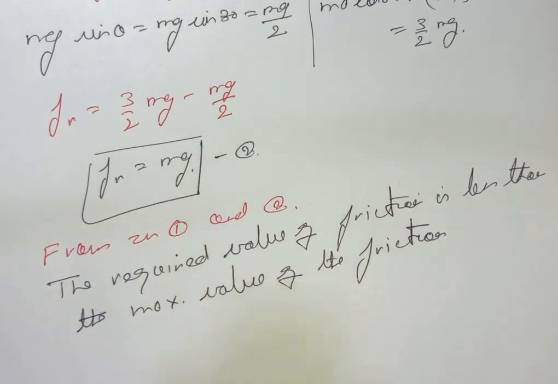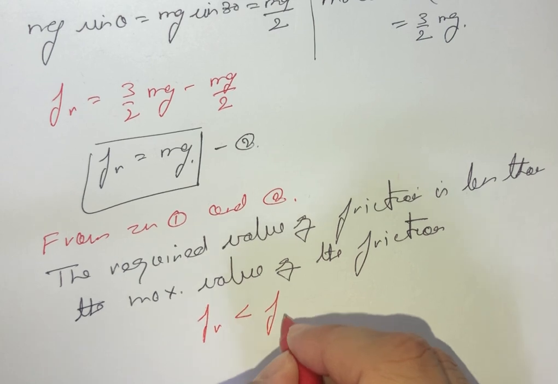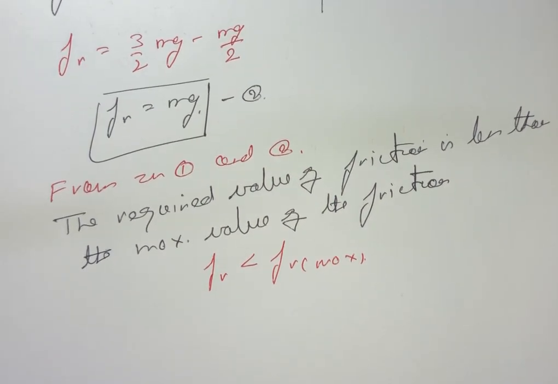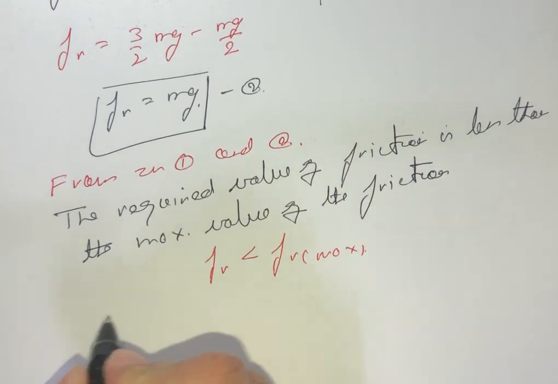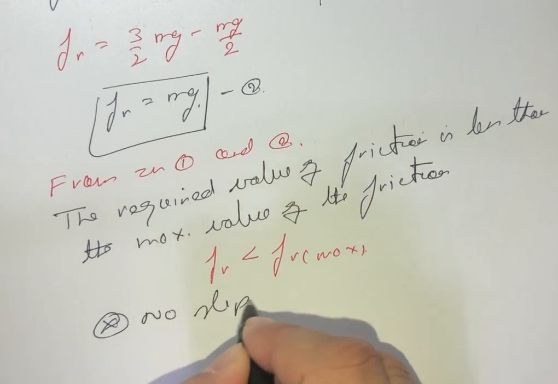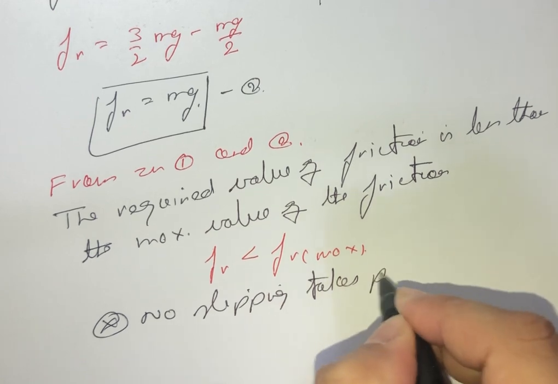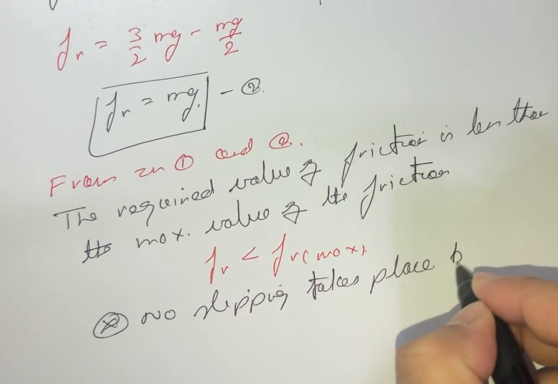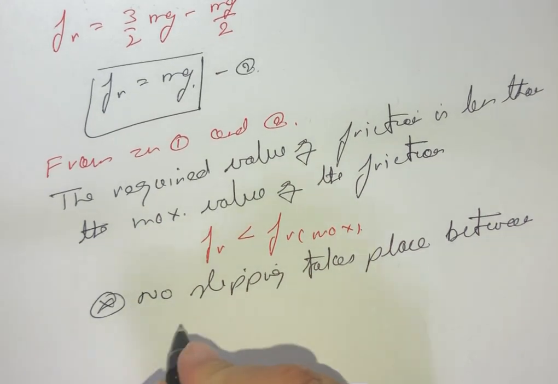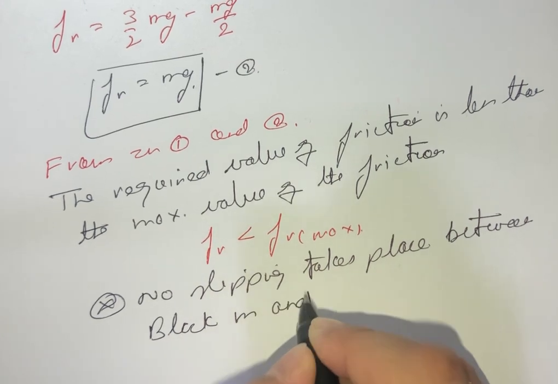So you can say that Fr is less than Fr max. So from here we can draw the conclusion that no slipping takes place between block M and the wedge.